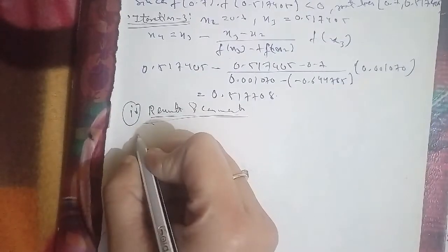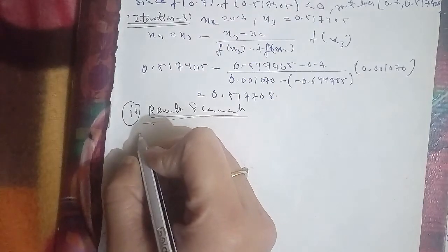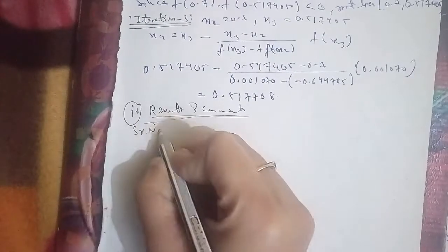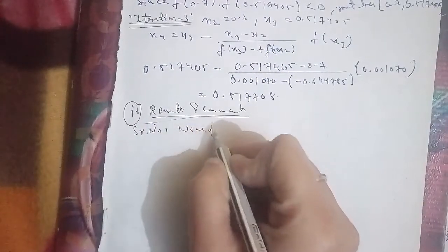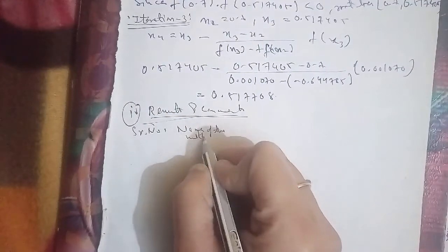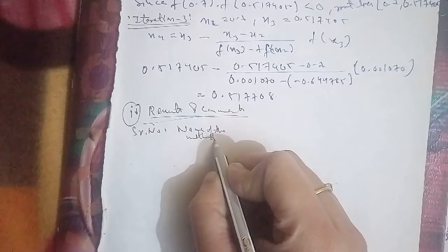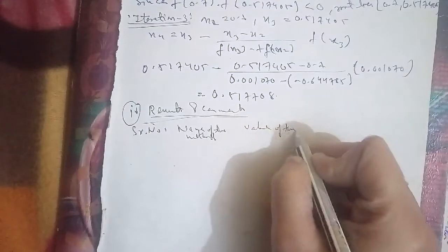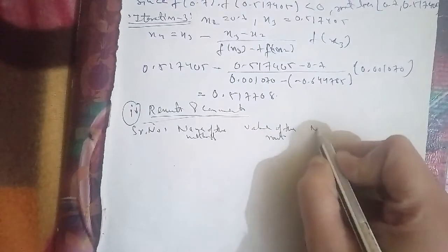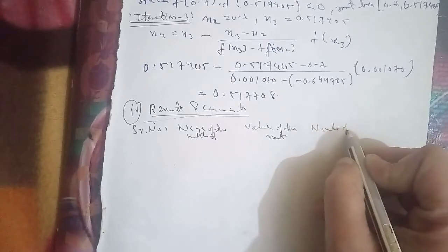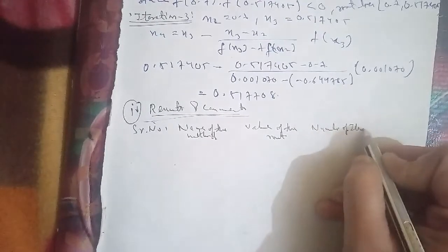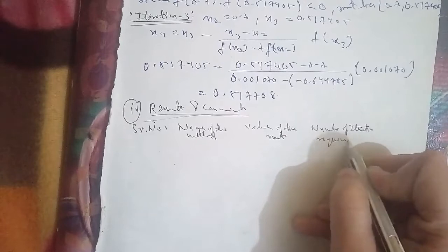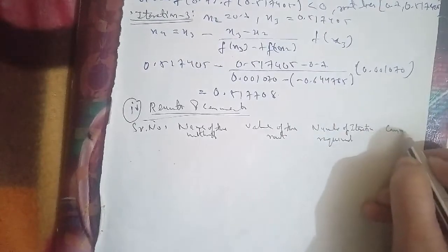We made a table here that shows the result and the comment of this question: serial number, name of the method, value of the root, number of iterations required, and comments.